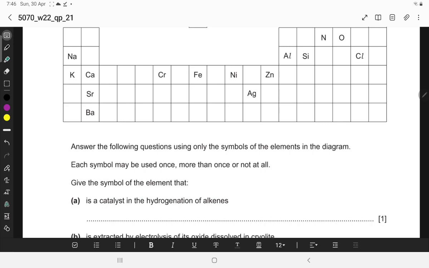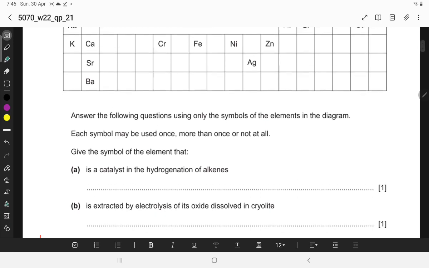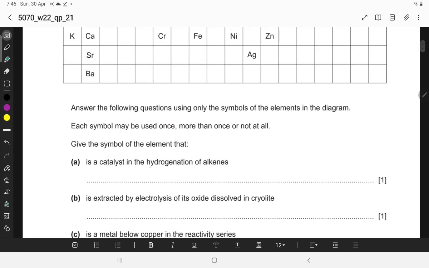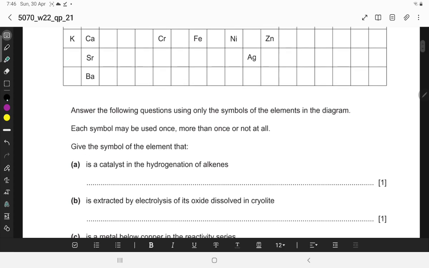Give the symbol of the element that is a catalyst in the hydrogenation of alkenes, that is nickel. So just write down the symbol. No need to write down the name, because the examiner asked you to write down the symbol.